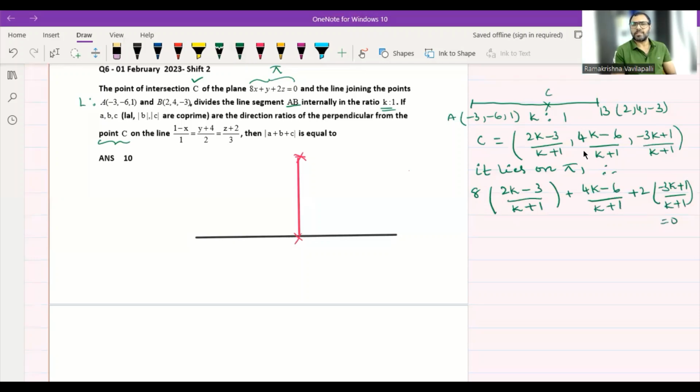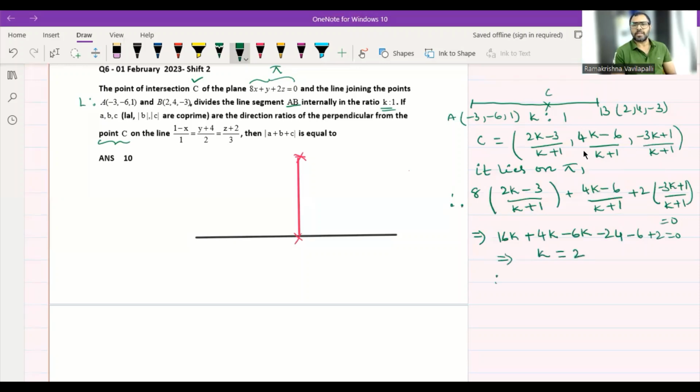So now it is a simplification part. We just need to simplify this expression. Anyway the denominator is the same, sending that side, you will get 16K + 4K - 6K. What is the constant? -24, -6, and +2 equal to 0. So after simplifying this expression, you will get K = 2.